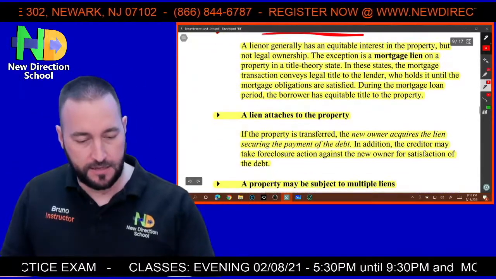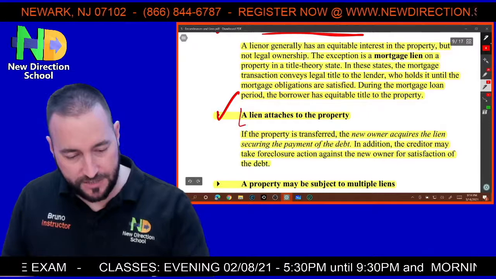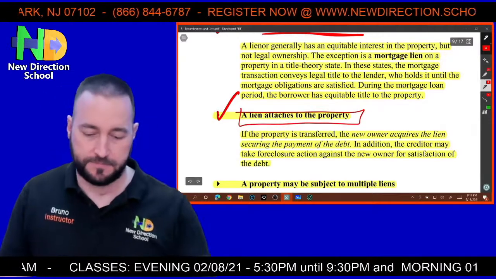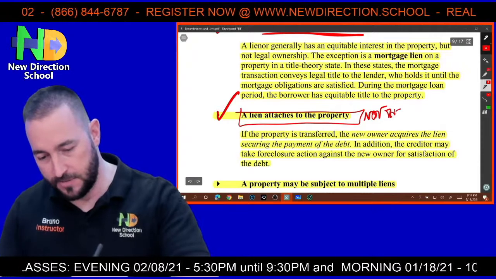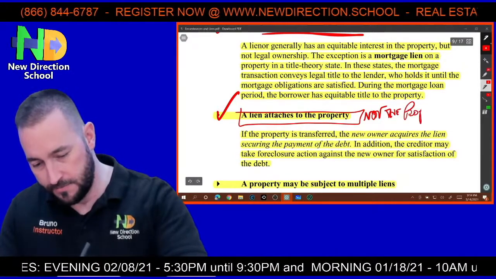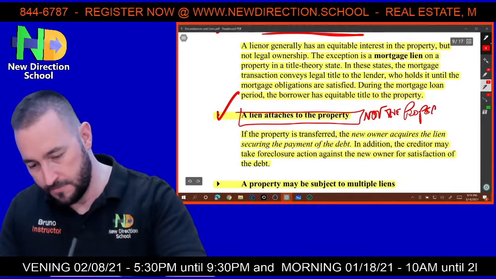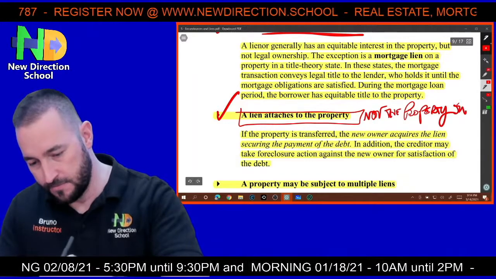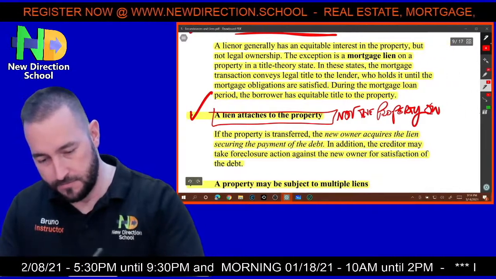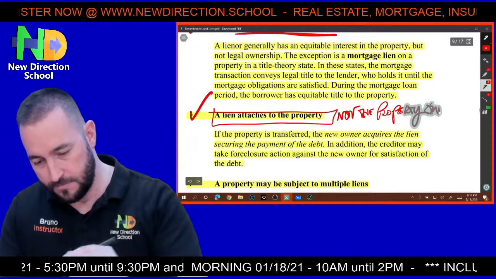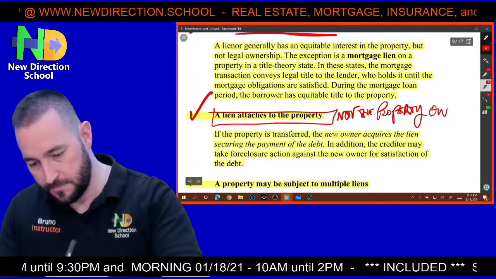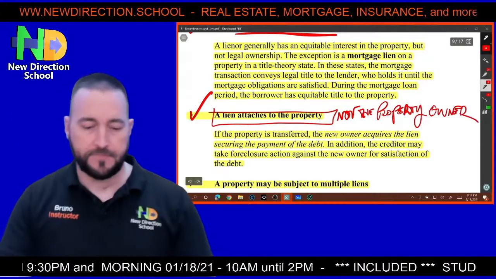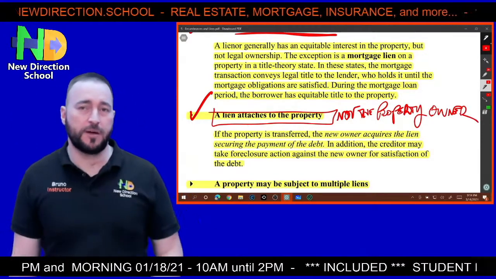Another thing you need to remember is that a lien attaches to the property, not the property owner. Okay? It attaches to the property, not to the property owner.